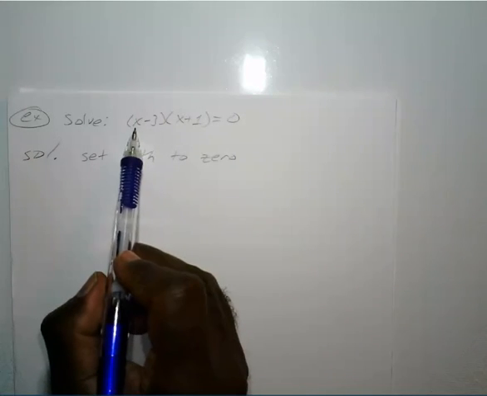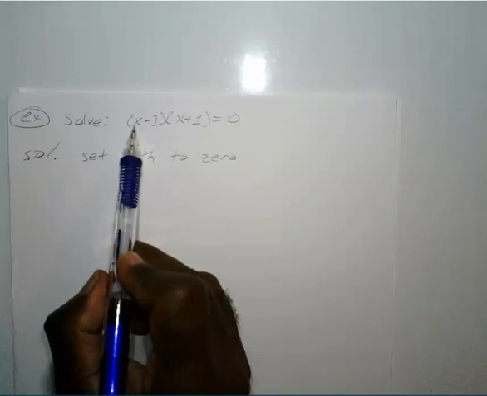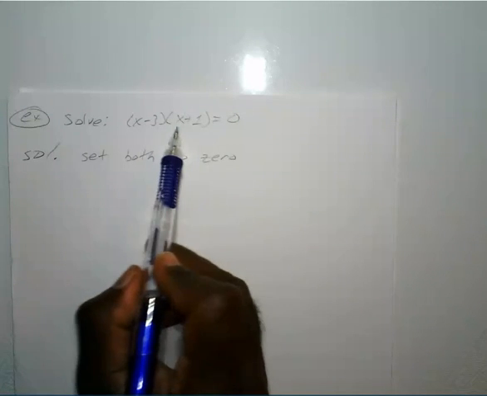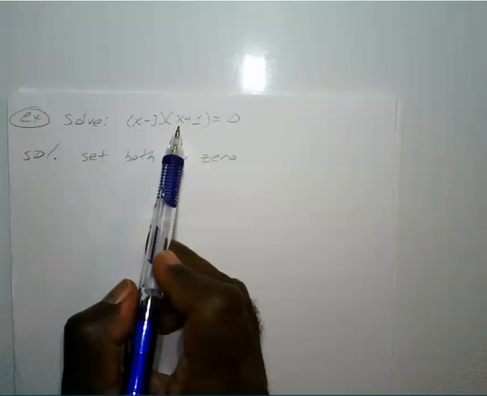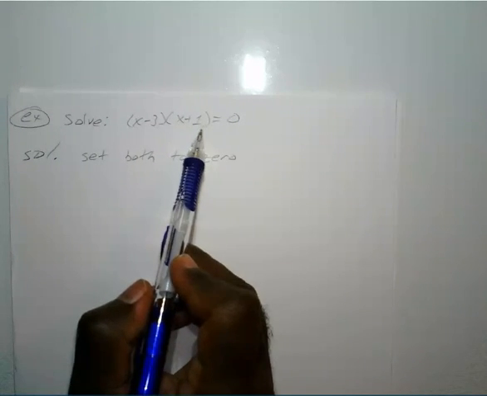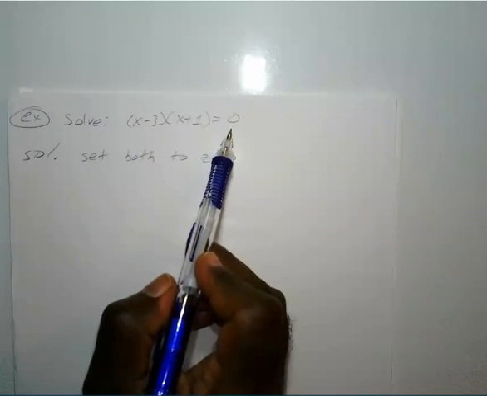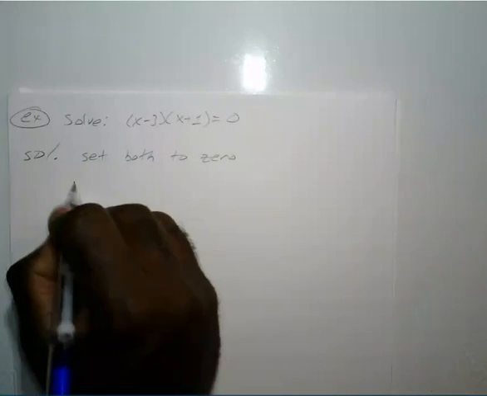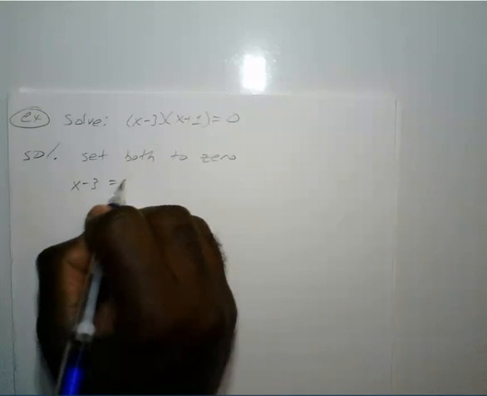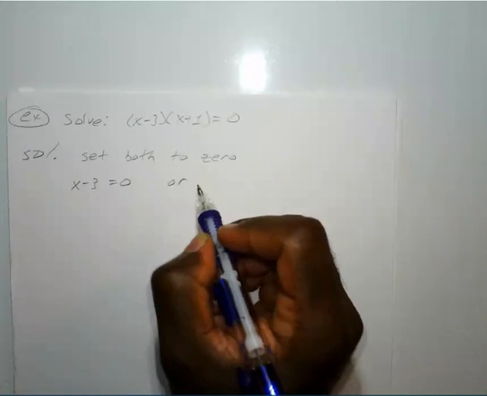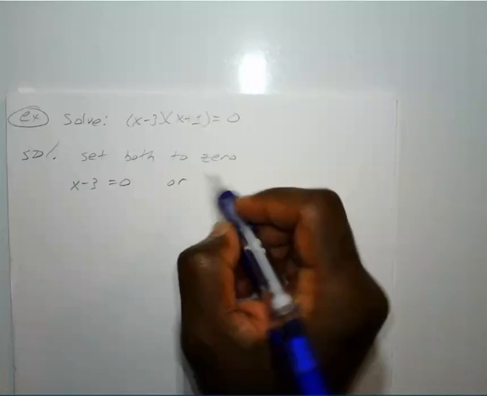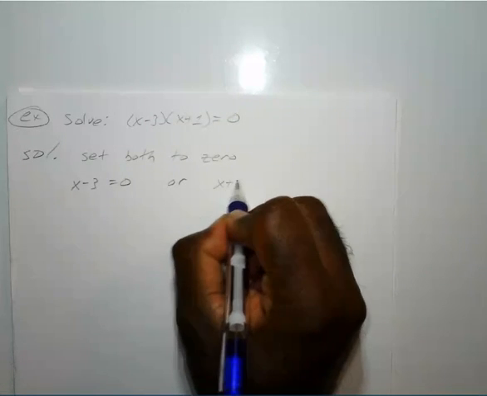So that means x minus 3 can equal 0, because 0 times whatever this is will equal 0. Or x plus 1 can equal 0, because 0 times whatever this turns out to be will still equal 0.